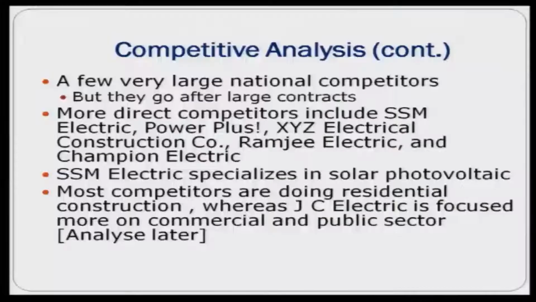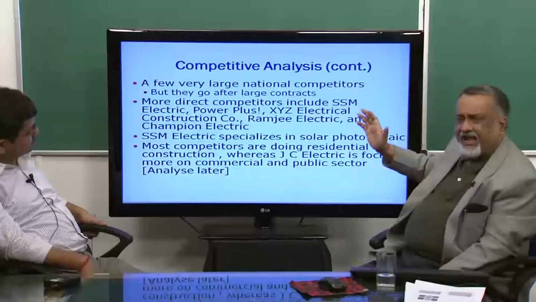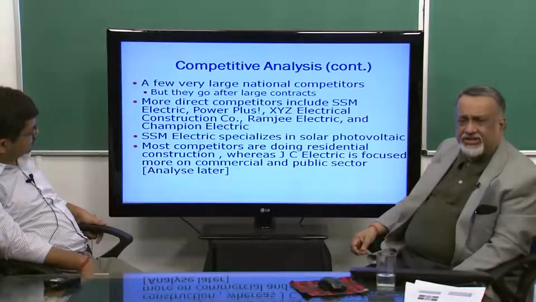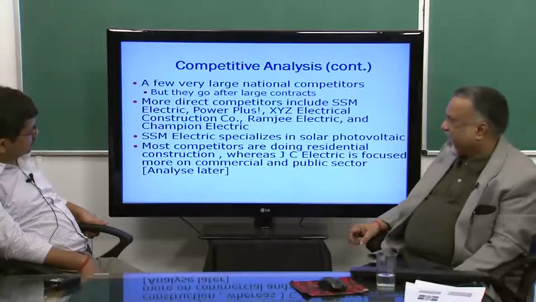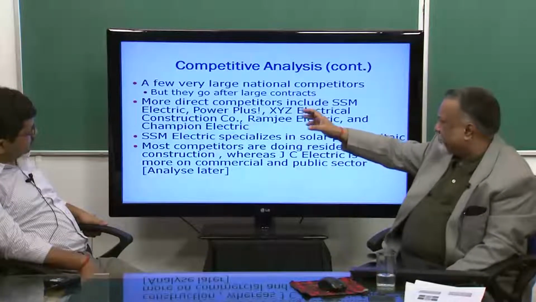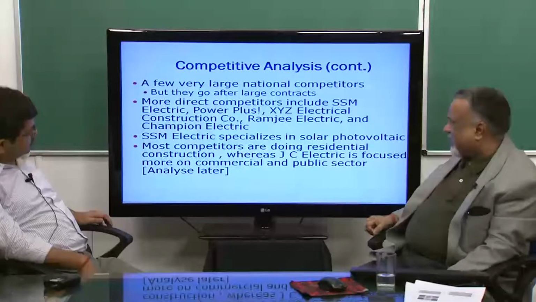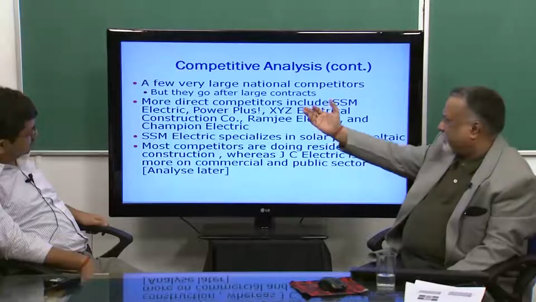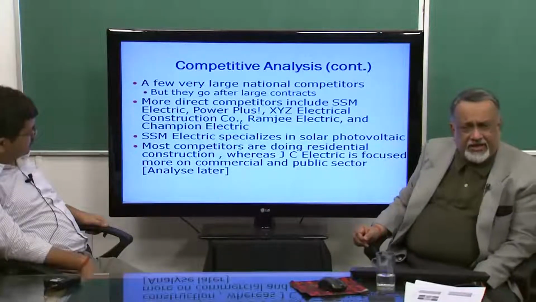Now, if we continue our competitive analysis from the given data, you will know that this is an industry where there are very few large national contractors, mostly there are regional contractors, and direct competitors include Professor Mishra's company, XYZ Electrical Company, Ramji Electrical, etc. For example, his company specializes in solar photovoltaic.